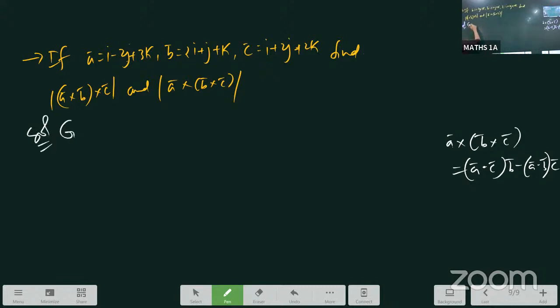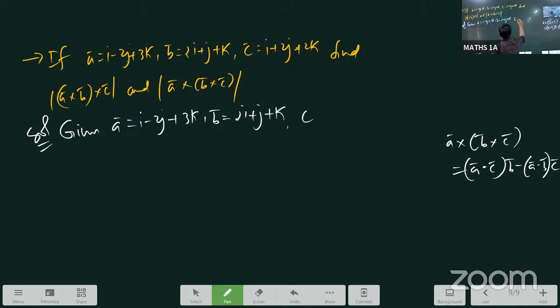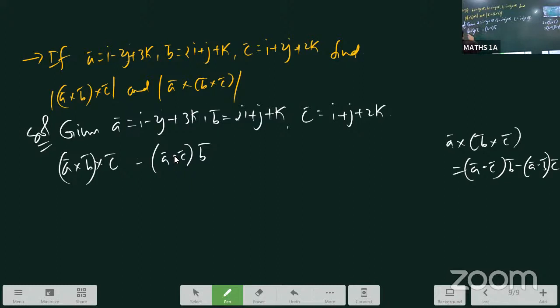Now see the solution. So given a bar is i minus 2j plus 3k, and your b bar is 2i plus j plus k, and your c bar is i plus j plus 2k. Now first let us find a bar cross (b bar cross c bar). According to the definition what I said just now, (a bar dot c bar) b bar minus (a bar dot b bar) c bar.